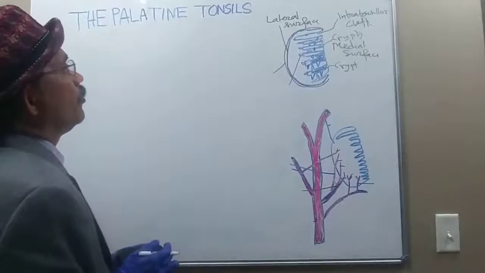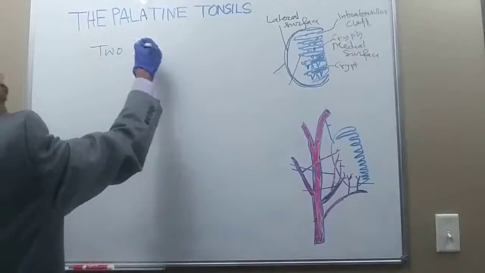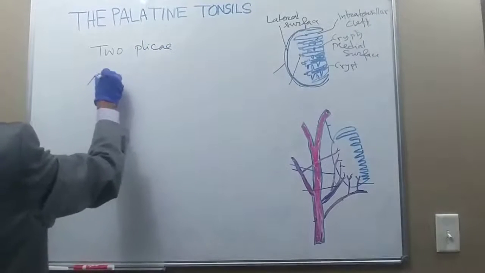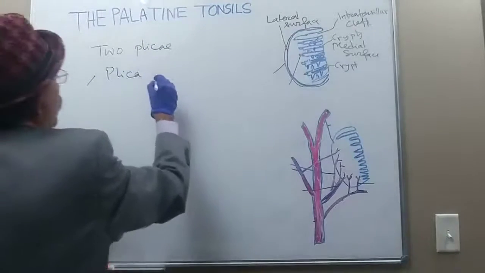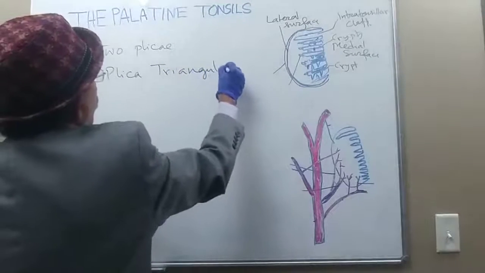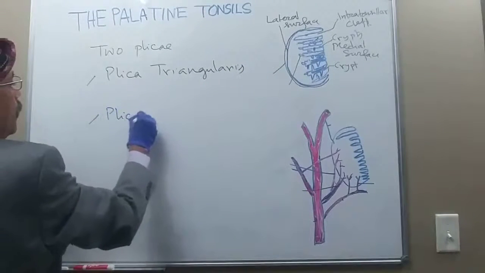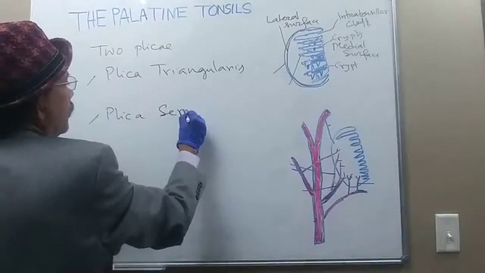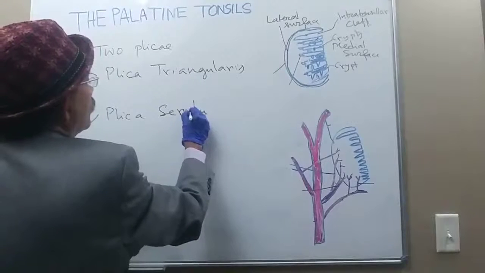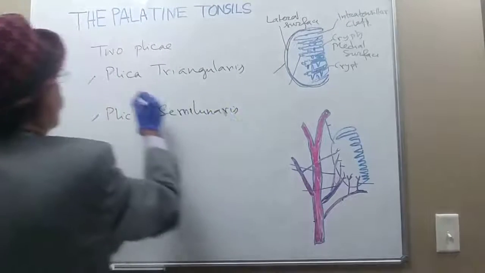We may get two plica, two folds of mucosa. One is plica triangularis, and another one is plica semilunaris. What are these?